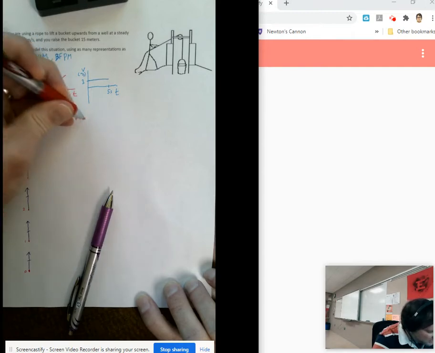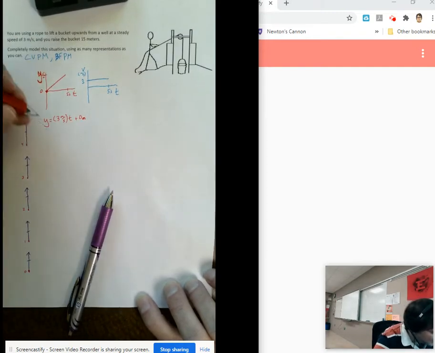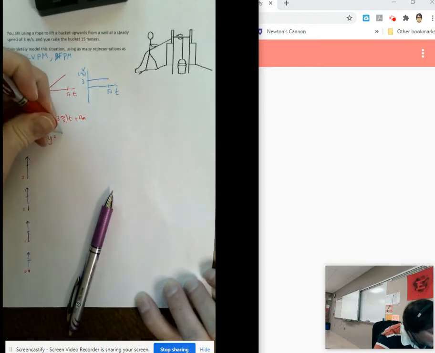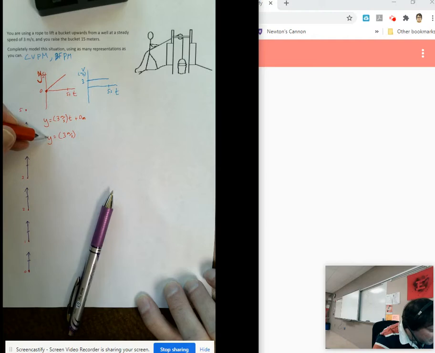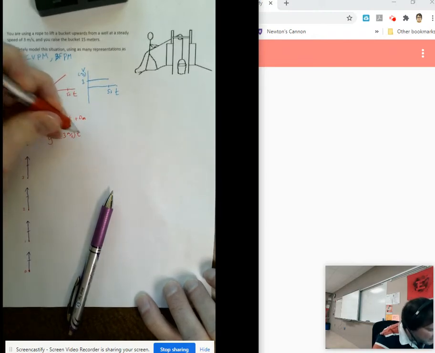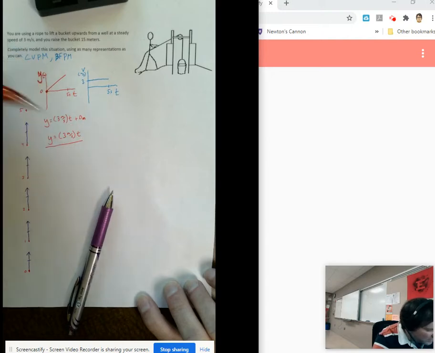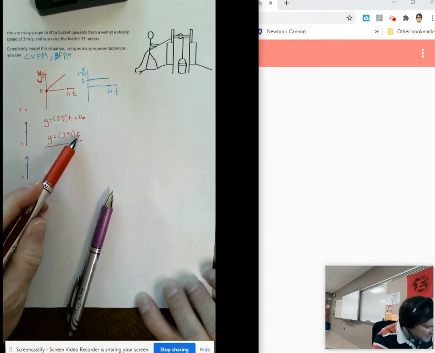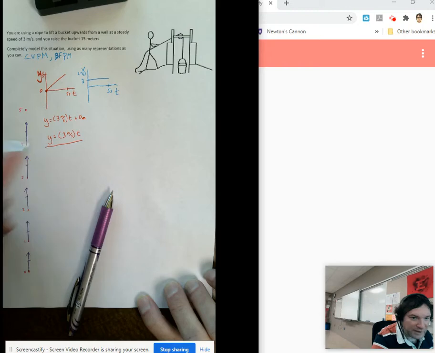And of course, writing plus 0 meters is entirely optional. It would be a whole lot simpler if I just wrote vertical position height equals 3 meters for each second times t, as an equation to relate, at any time t, the vertical position y.